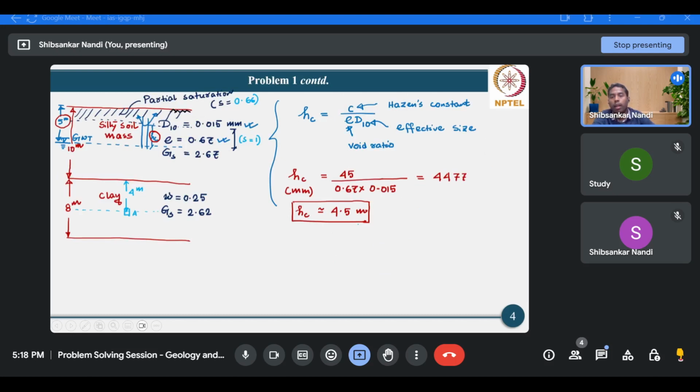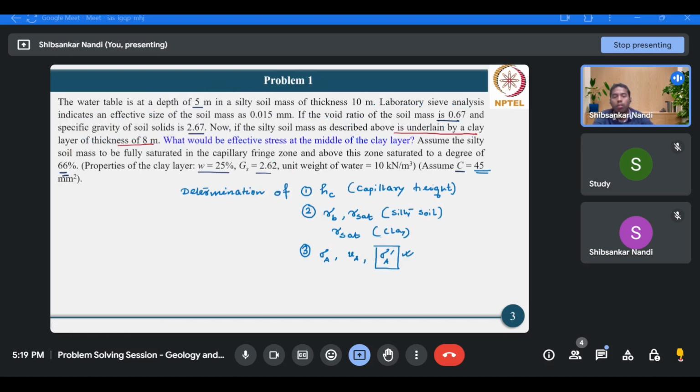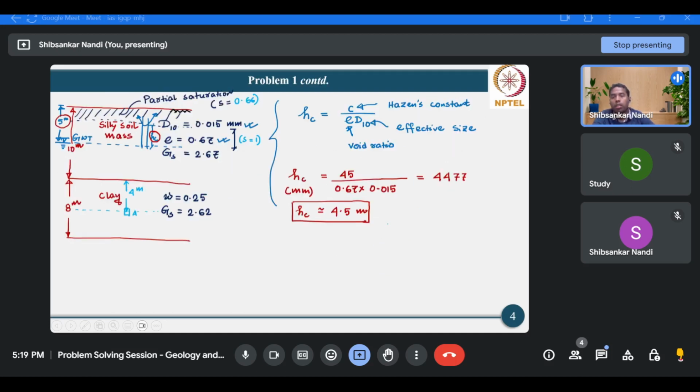Okay, so therefore for the silty soil mass, calculation of both bulk unit weight and the saturated unit weight are necessary, whereas for clay only the calculation of saturated unit weight is essential, because here the full clay layer is under complete saturation. However, for the silty soil mass, some portion is under complete saturation and some portion is under partial saturation.